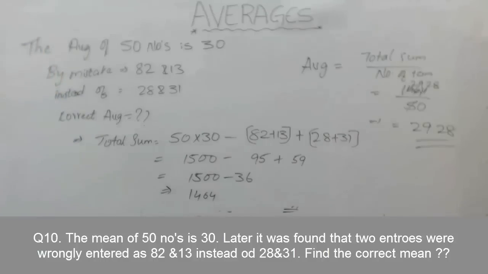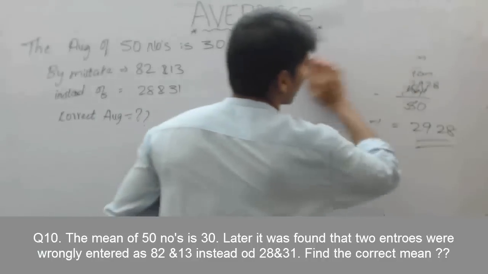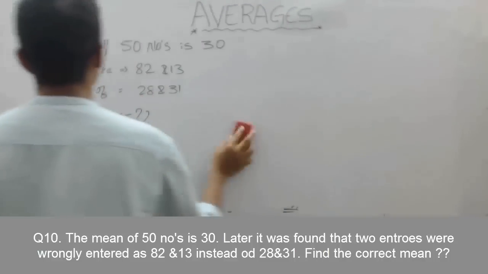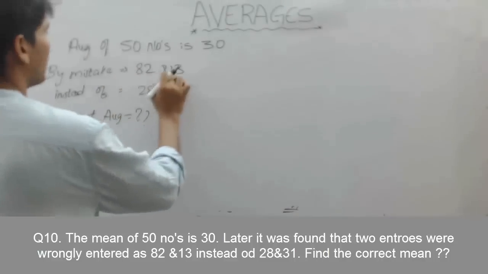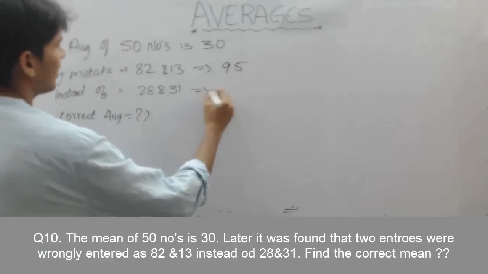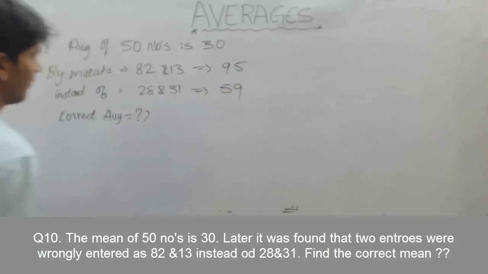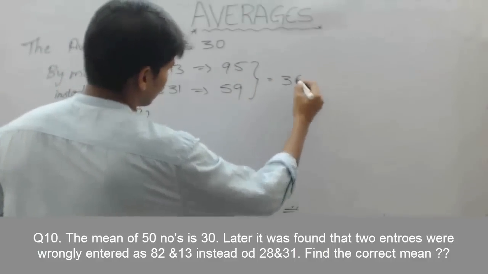This is your answer. But the same question can be solved in a different way. Instead of doing all this calculation, you can find it very easily. The total of this is 95, and here the total is 57. Then what would be the difference? 36.